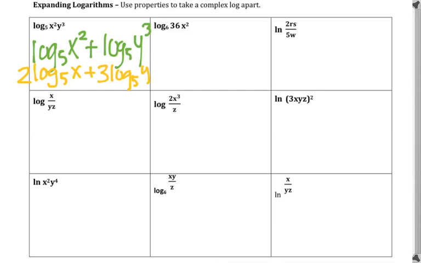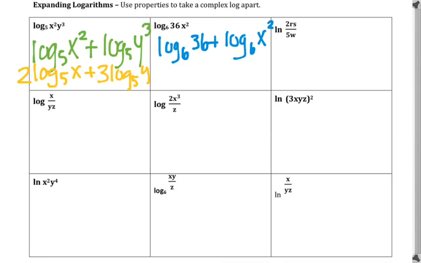In the second box, first, if you wanted to, you could do log base 6 of 36 plus log base 6 of x squared. So that would be your first step. But I'm not done, because what else can I do to that problem? The power rule.